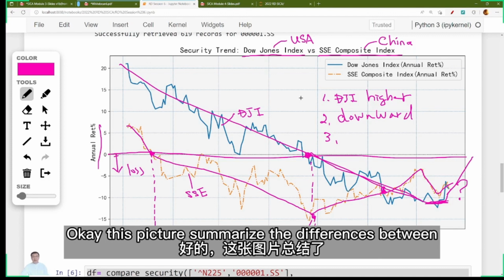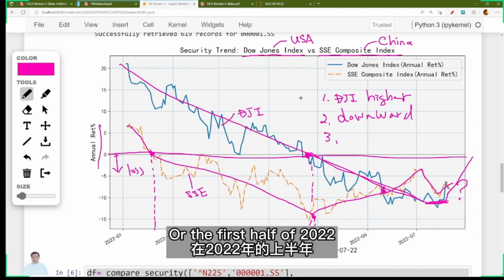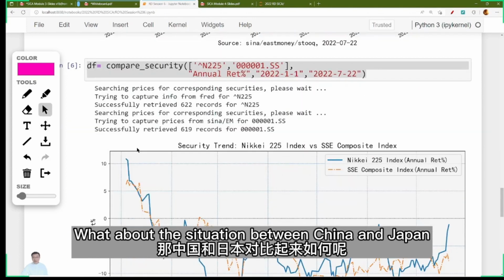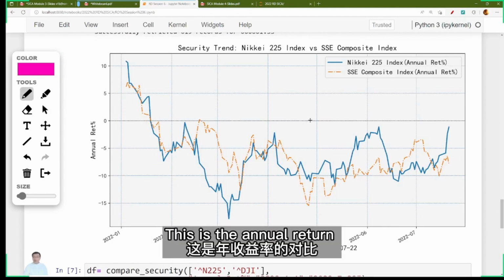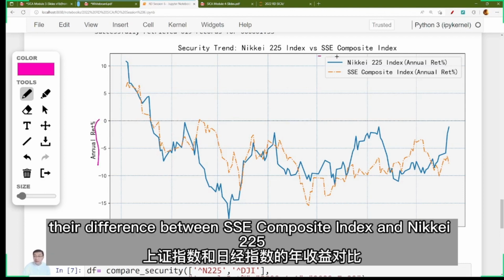Okay, this picture summarizes the differences between the Shanghai Stock Exchange and Dow Jones in the US for the first half of 2022. What about the situation between China and Japan? This is the annual return difference between the SCSC Composite Index and Nikkei 225.